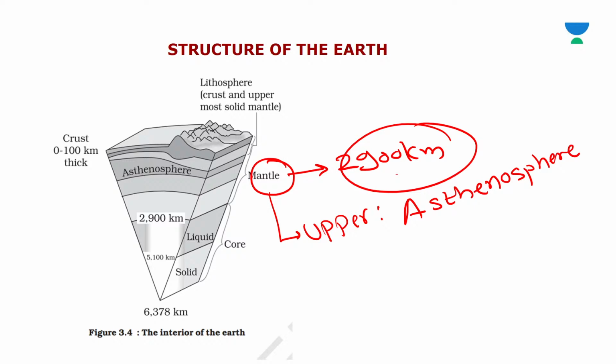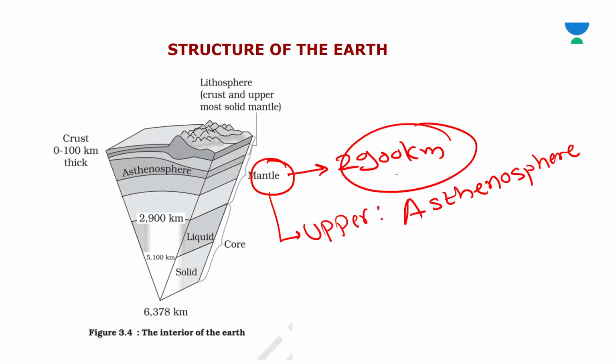It is the main source of magma and has higher density than that of the crust. The mantle contains a weak zone called asthenosphere. It is from this that the molten rock materials find their way to the surface.